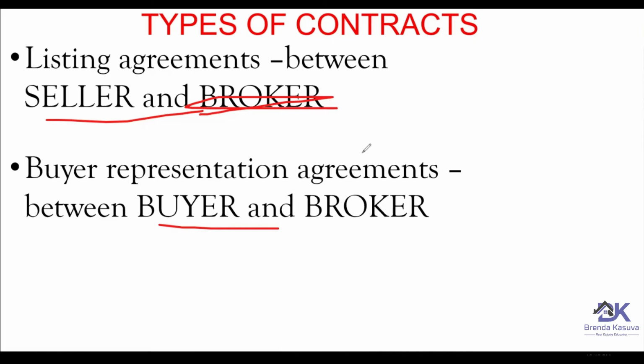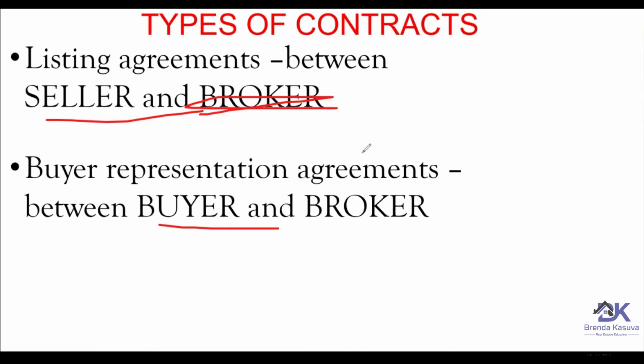So if, for example, I work for Keller Williams, then you're signing the agreement with Keller Williams, and then Keller Williams and I have an agreement. I'm the one who's going to show you the houses, you buy the house, and then my commission is going to come from my broker, the broker of Keller Williams.